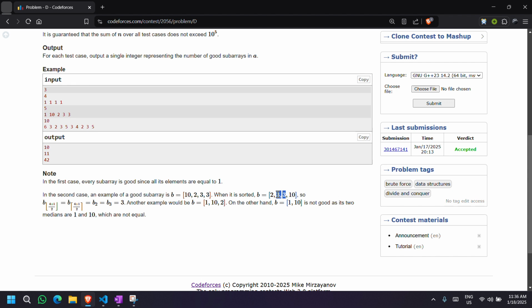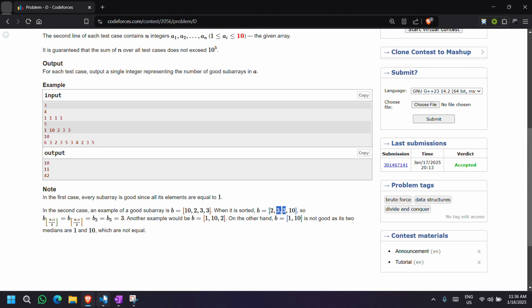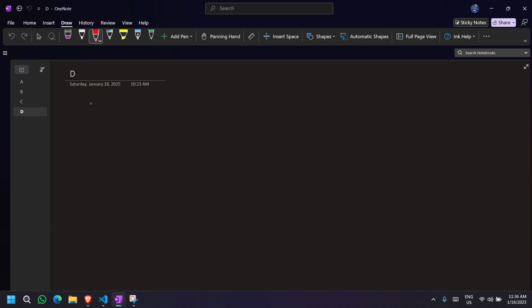So how do we deal with this problem? First, I will find all subarrays and subtract all the bad subarrays.